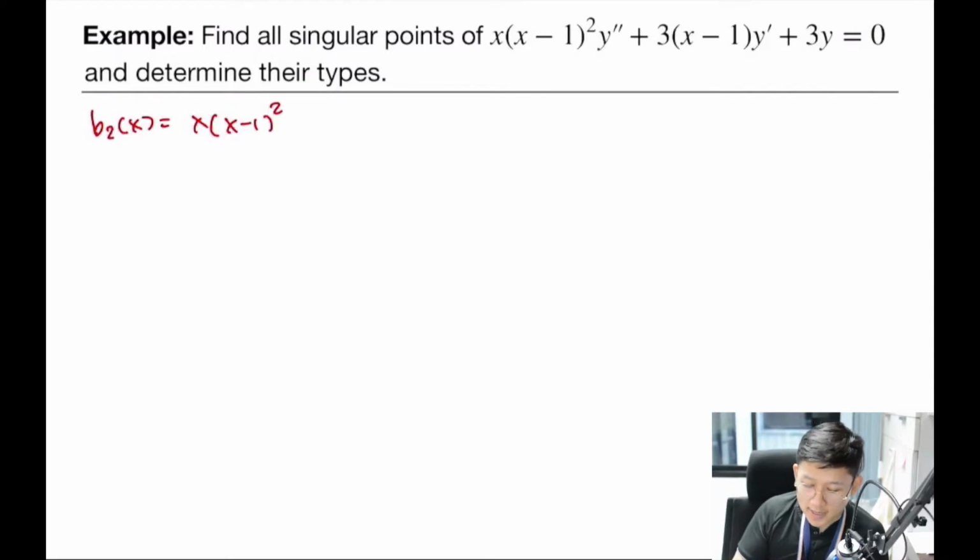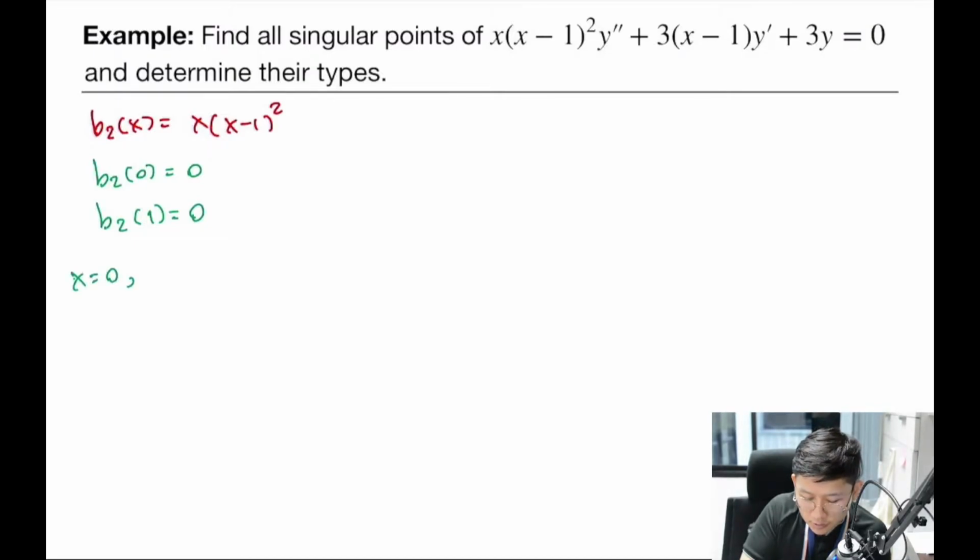You may see that b2(0) is 0 and b2(1) is 0 as well. In that case it means that x equals 0 and x equals 1 are singular points.